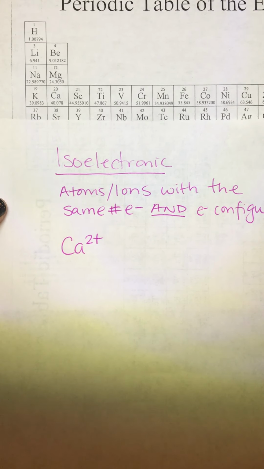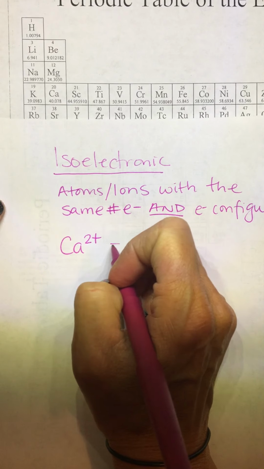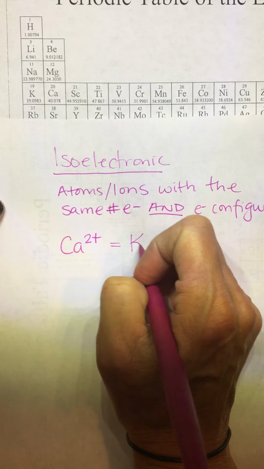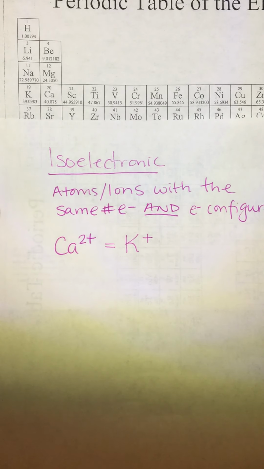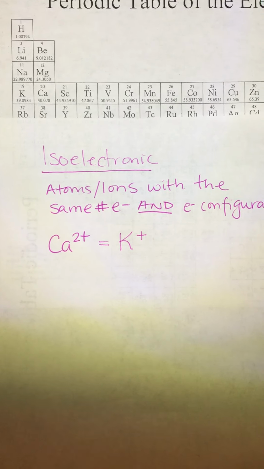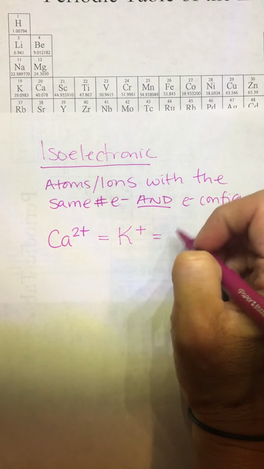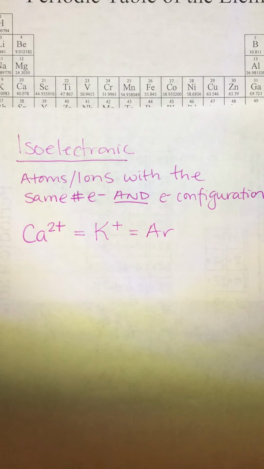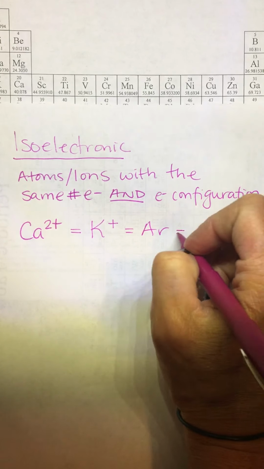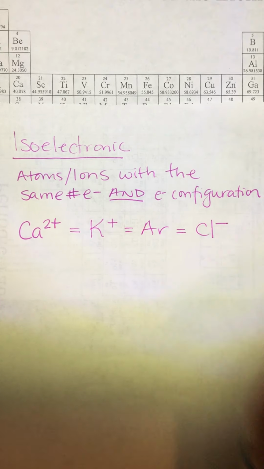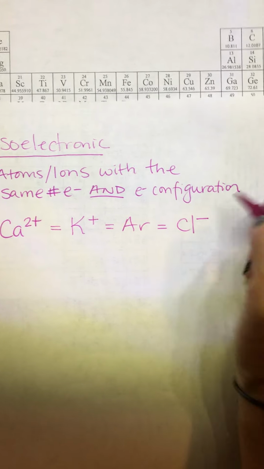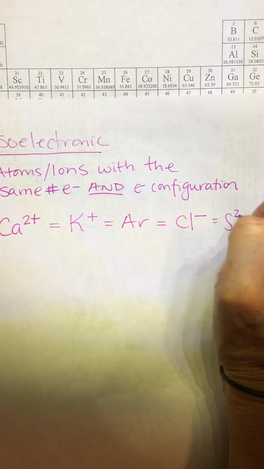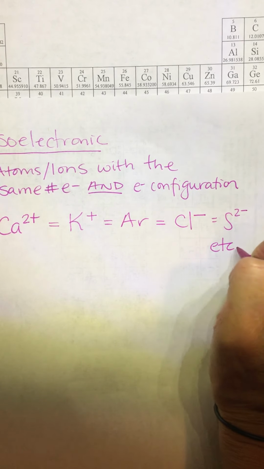This is isoelectronic with the potassium ion, okay? And they're also isoelectronic with argon, a neutral noble gas. And they're also isoelectronic with chloride, okay? And also with sulfide. And then I'm going to say etc.